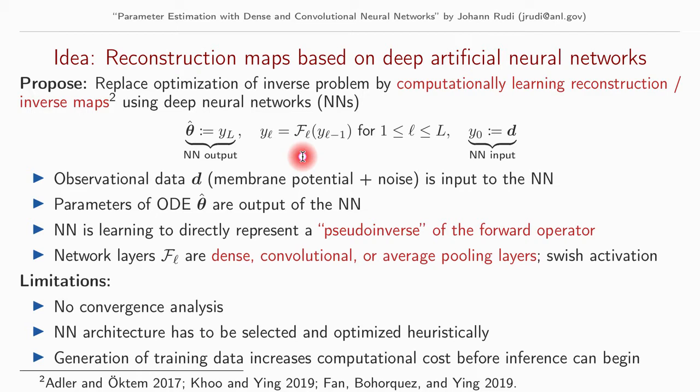So we want to have a deep neural network where FL are the layers of the network, L is for layers, and as the input we pass our data, so it's a time series, and the output of the network is our parameters theta. That means the map that the network is representing is essentially a pseudo-inverse of the forward operator.